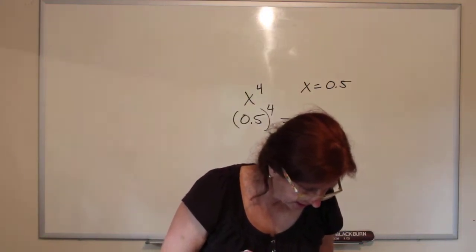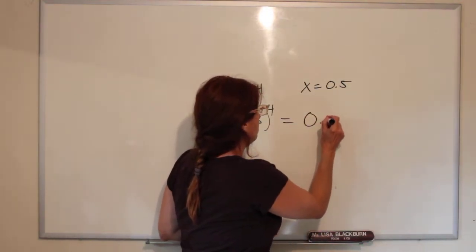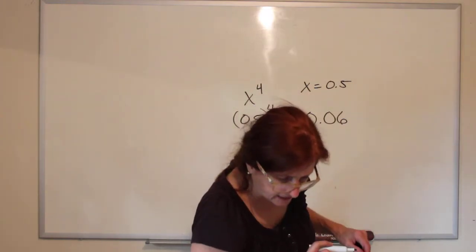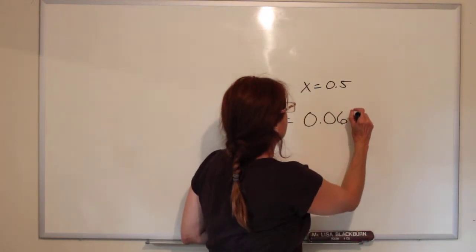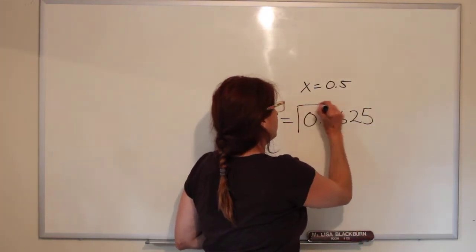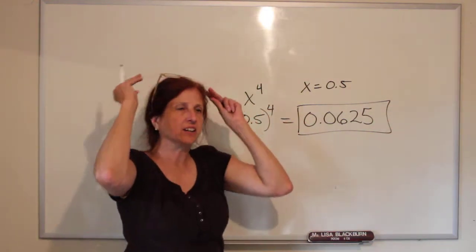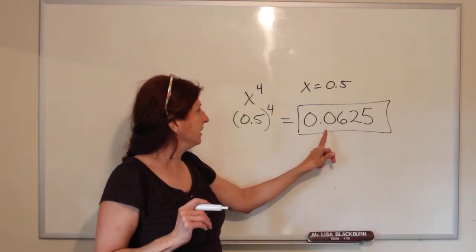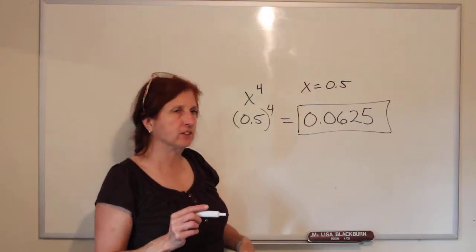And you should get 0.0625. Did it say 25? Yes, 25. And I want you to put a box around your final answer. That way I know that that's what you consider to be the answer.